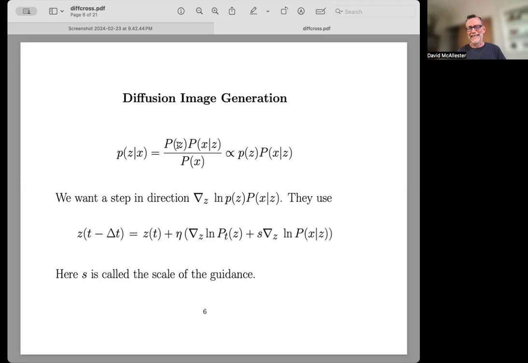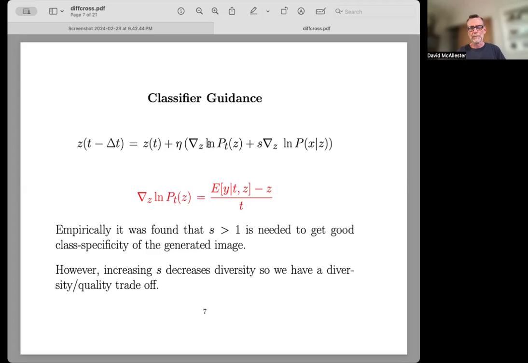And we're going to do gradient descent on the log of this product.